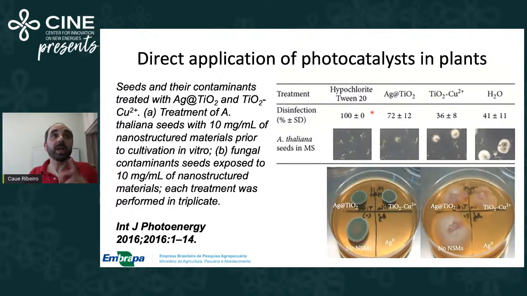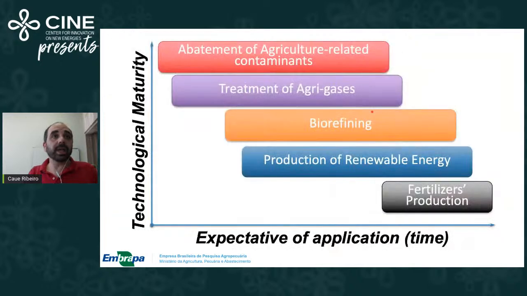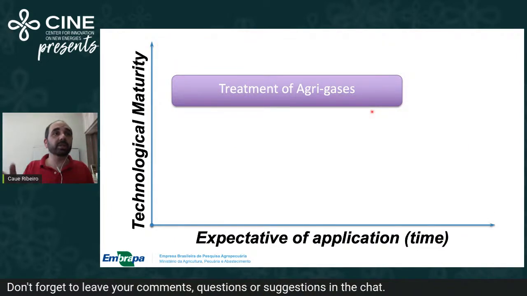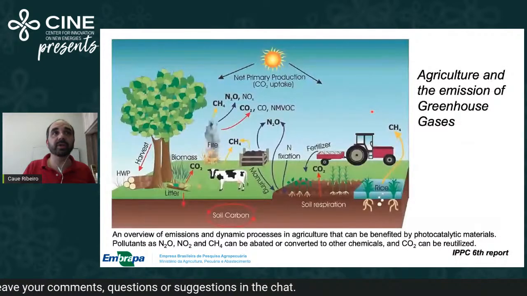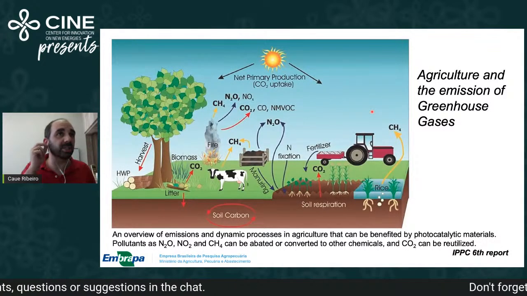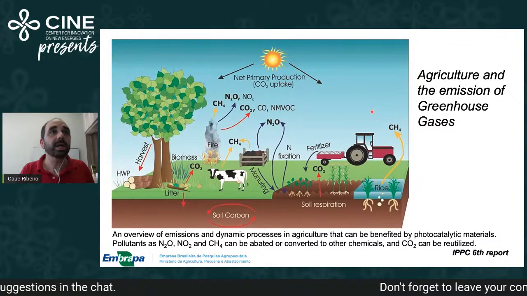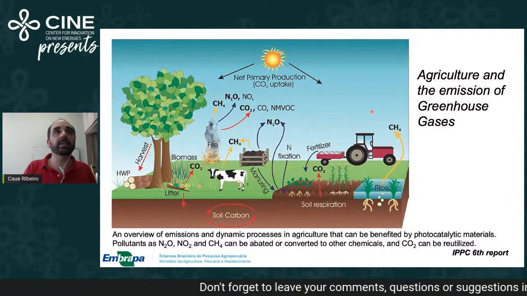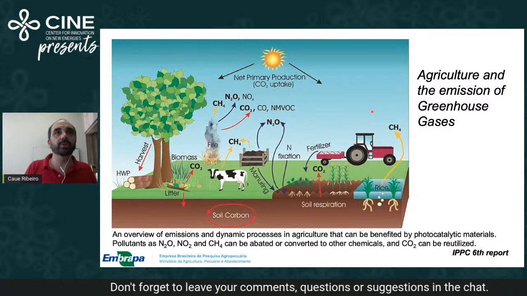But again, going back to the time evolution of these prospective technologies, the second one is the treatment of agricultural gases. And these gases are represented by a plethora of different gases. You can see there in the last IPCC report a number of these possible emissions that are related to agriculture.